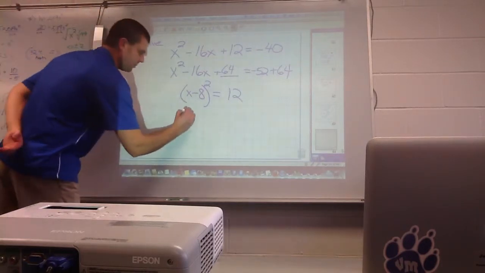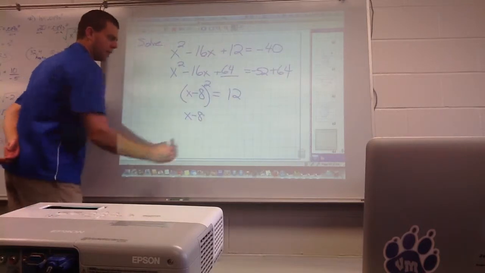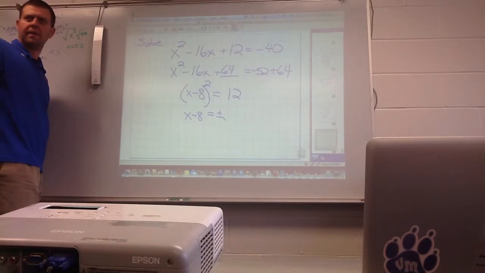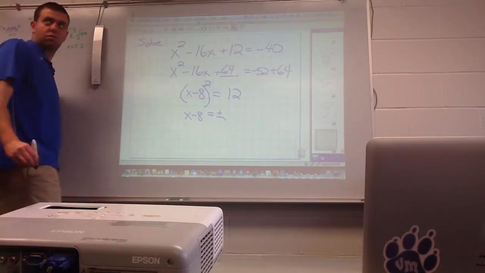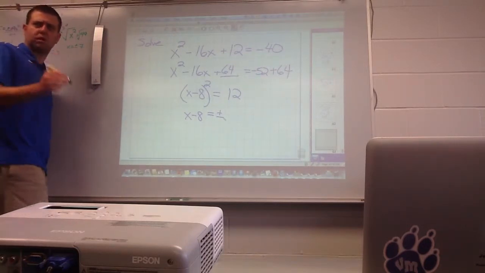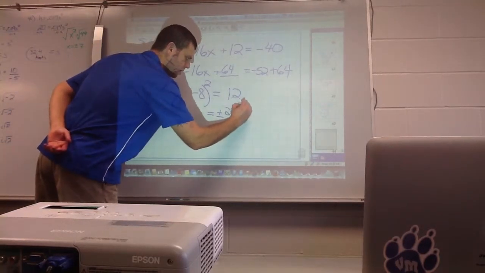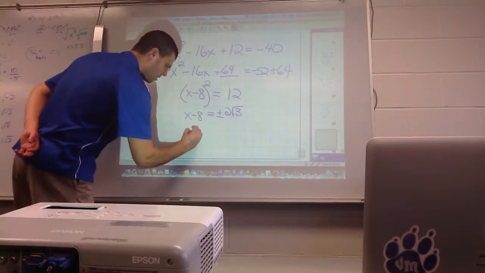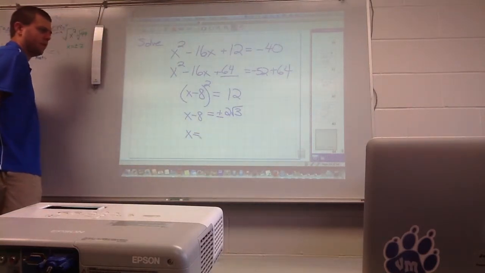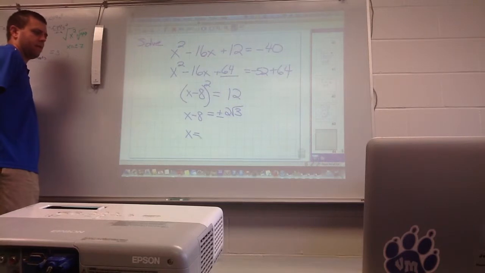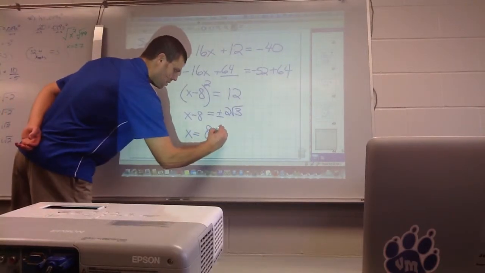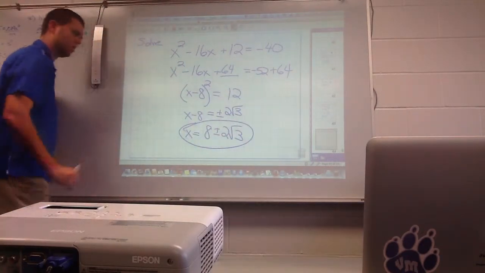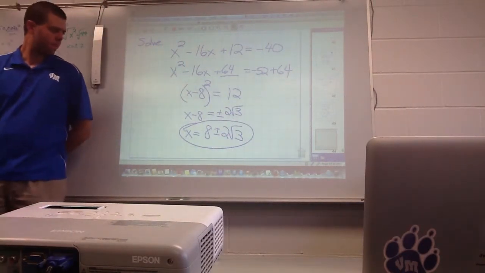Square root both sides. I'm not even going to write the square root in there. I'd have x minus 8 equals positive or negative, what's the square root of 12? 2 root 3. Add 8 to both sides. X equals what? X equals 8 plus or minus 2 root 3.